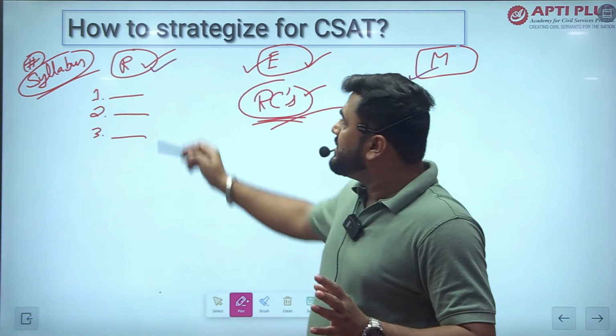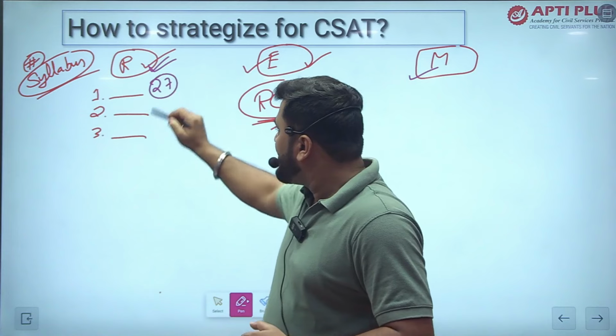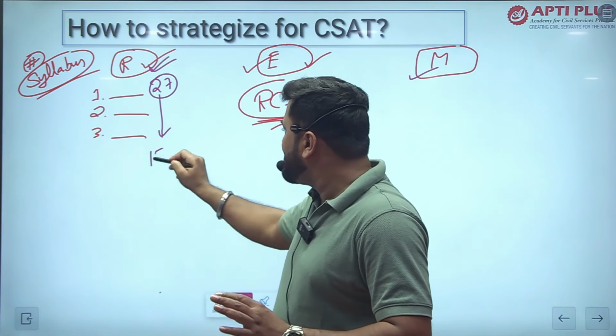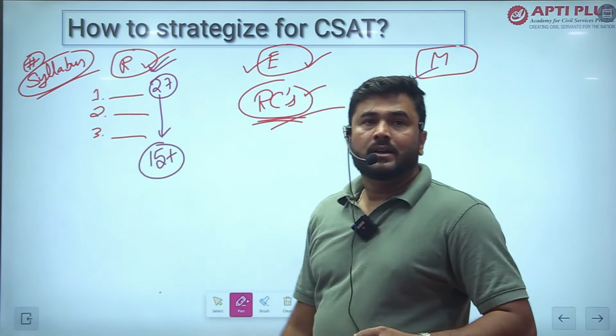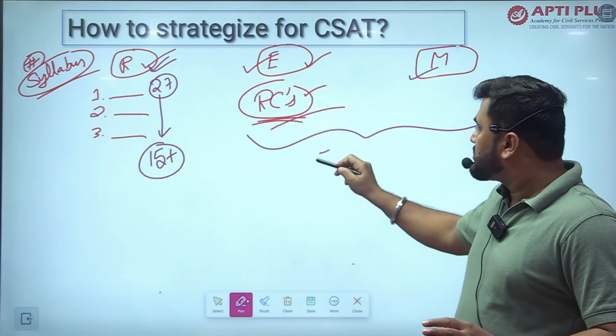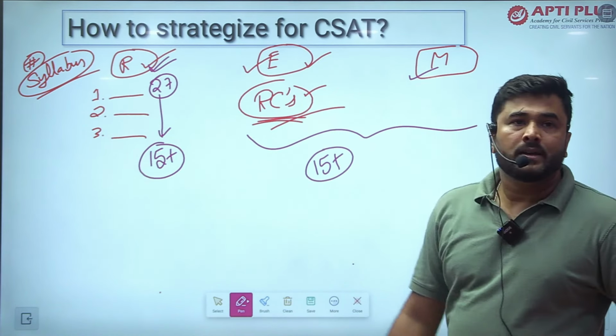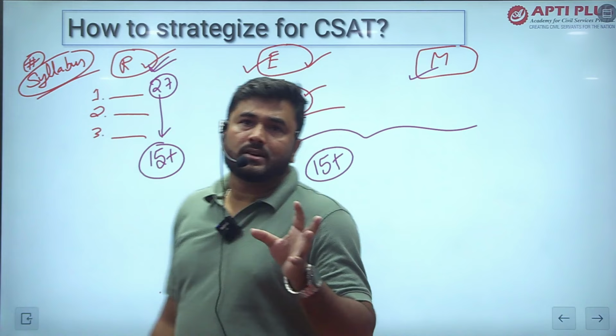The most scoring one will be the reasoning. Out of these 27 questions, if anyone solves almost 15 plus questions correctly, then from the English and mathematics sections you just need to solve almost 15 plus questions correctly. Half of your work will already be done.